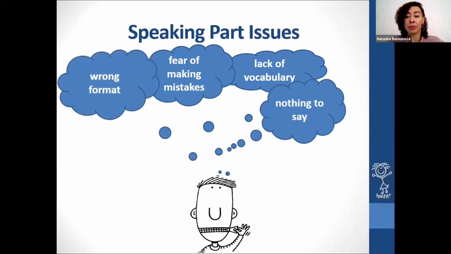And also wrong formats. Interestingly enough, as an expert, I noticed that sometimes when we listen to the students' answers as experts, you can hear very, very good English, high-level English, like C1 definitely, but this student might fail the speaking task just because they don't know the format, or just decided that the format of the task is not that important.